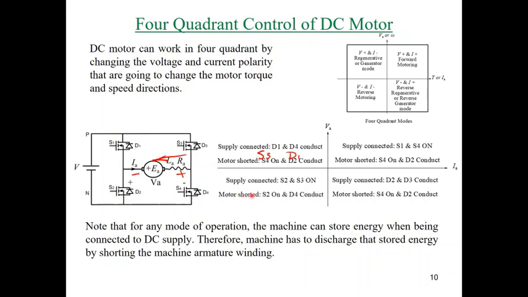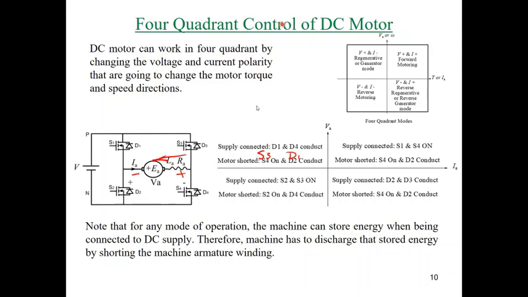Is the point of turning on and off clear for you, for the supply connection or motor shorted? Why do we need to make the supply connection and why do we need to make a short circuit of the motor? This is a question for you. Is it clear for you or do you need more details?